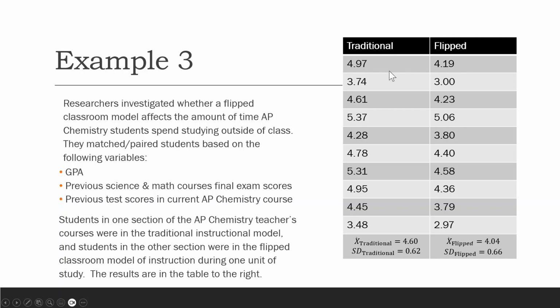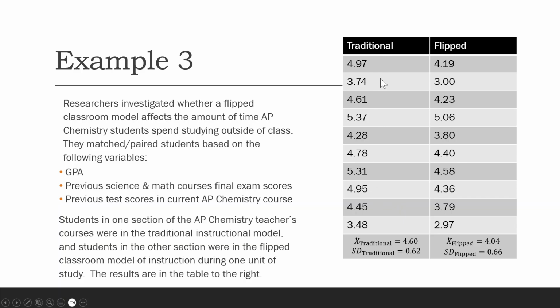There are different types of matching methods that can be used, and that is not explained here, but this led to these matches. So the person in the flipped classroom is matched with this individual, who indicated that he spent 4.4 hours outside of class studying, and so on and so forth.